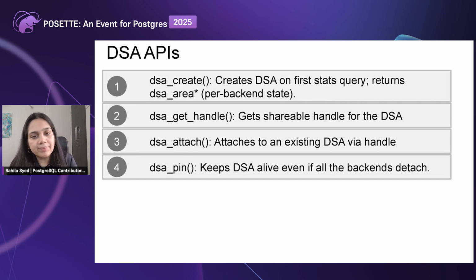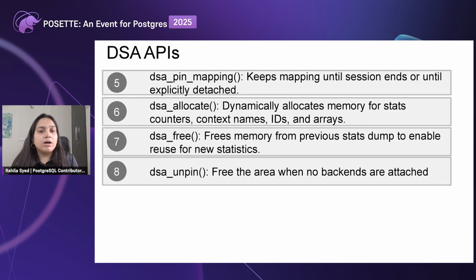Here I'm using the term backends and processes interchangeably. DSA pin mapping is used to keep the mapping of the DSA into the local process until the end of the session, until the process is exited. DSA underscore allocate is used to allocate smaller chunks of memory, smaller data types, and smaller objects within the larger DSM segments.